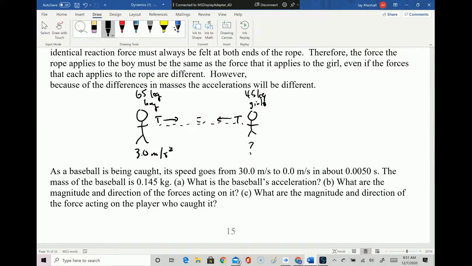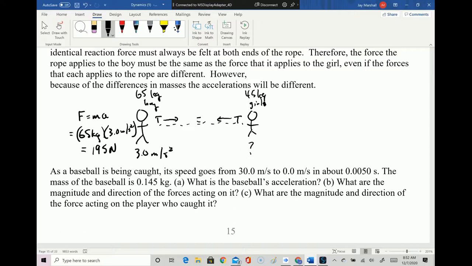So we know that force equals mass times acceleration, so that equals 65 kilograms times 3.0 meters per second squared, which gives us 195 newtons. Okay, so the force of tension on the boy here is 195 newtons. That means the force of tension over here must also be 195 newtons.